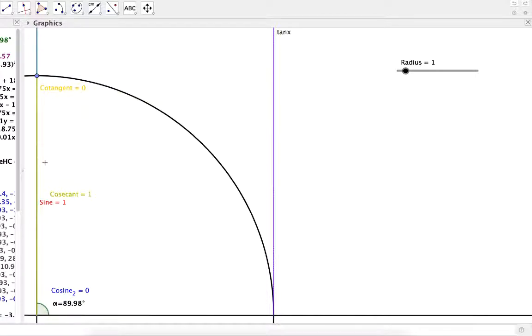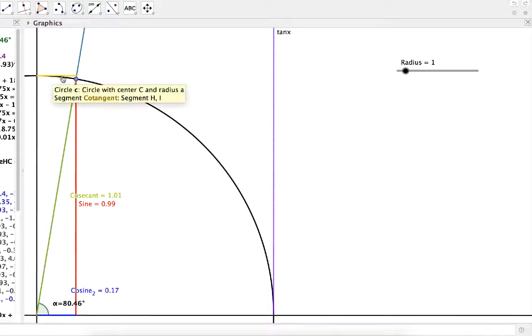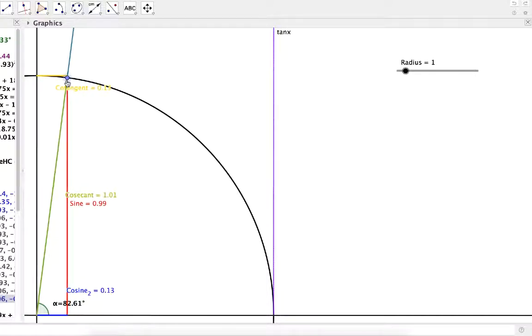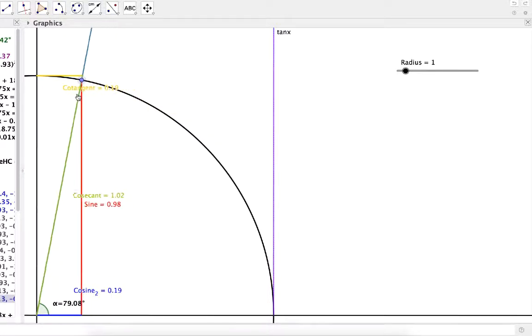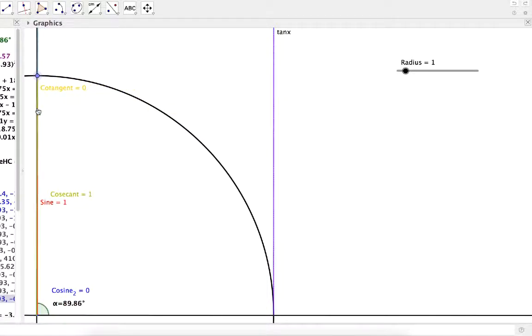And so if that is true, we know that cotangent, which is the distance from the intersection of the y-axis and the unit circle in the positive y direction to the ray caused by angle alpha, is going to get smaller and smaller because the ray is going to live on the y-axis.